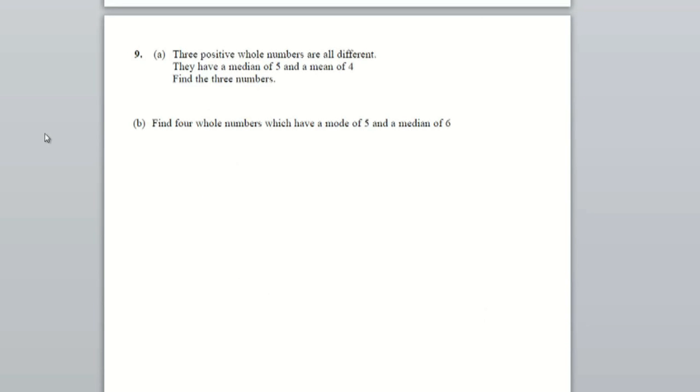Three positive whole numbers are all different. They have a median of 5 and a mean of 4. If the total divided by 3, because there's 3 of them, equals 4, that must mean the total is 12. It's a median of 5, so we've got x, we've got 5, and we've got y.